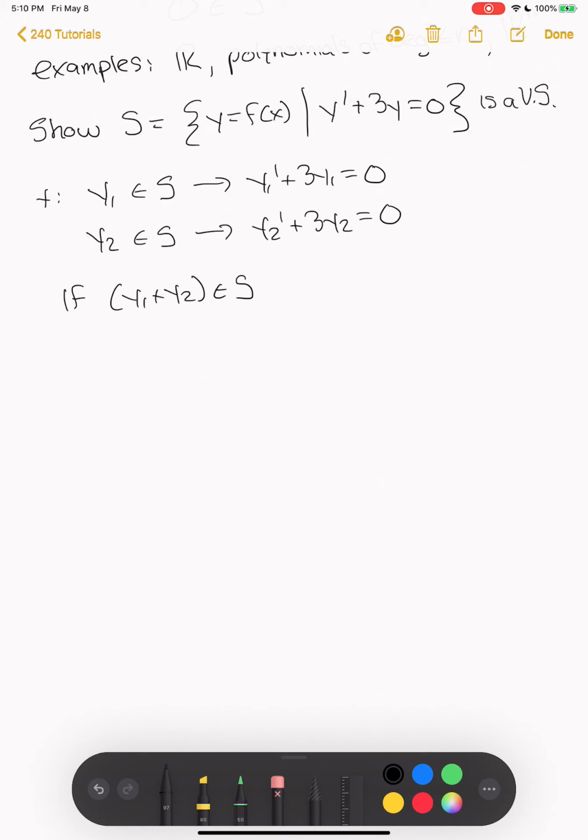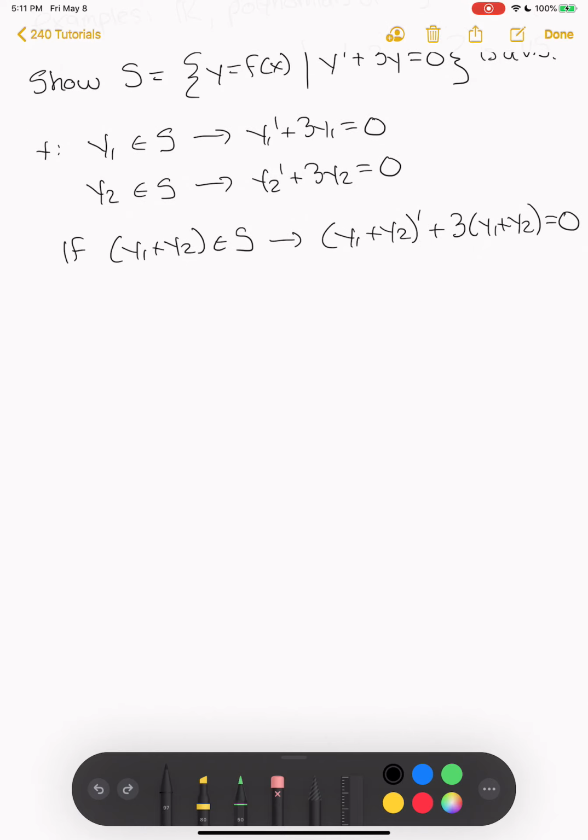So that means that (y1 plus y2) prime plus 3(y1 plus y2) gives me 0. It's like I've almost defined this new function here that I'm sending through my differential equation, and I'm just saying it's y1 plus y2.